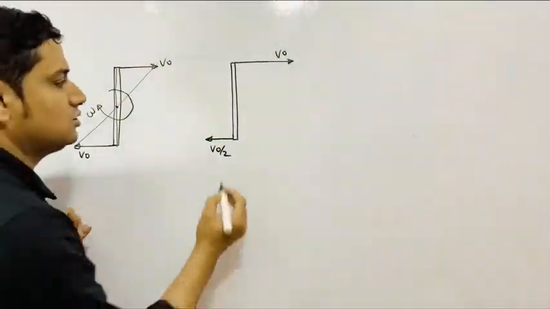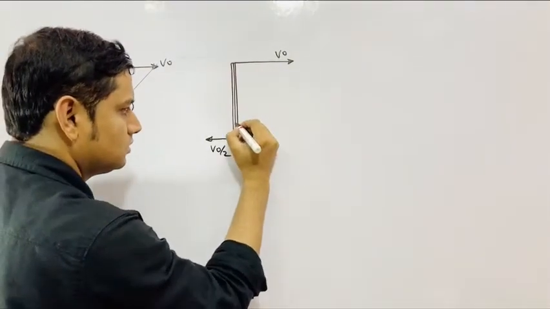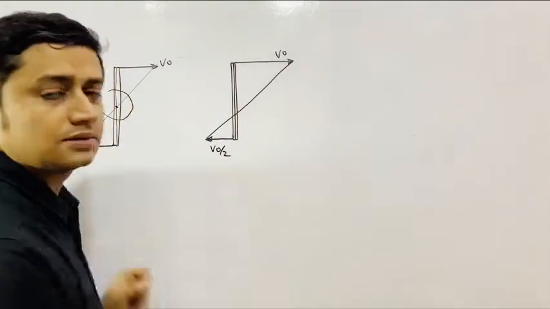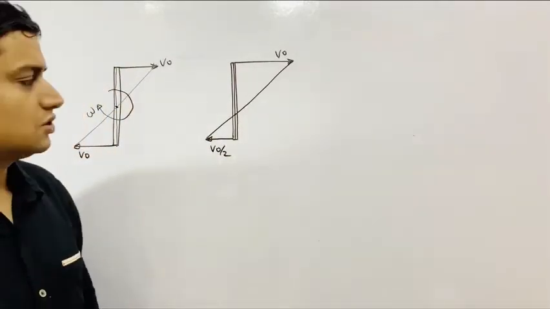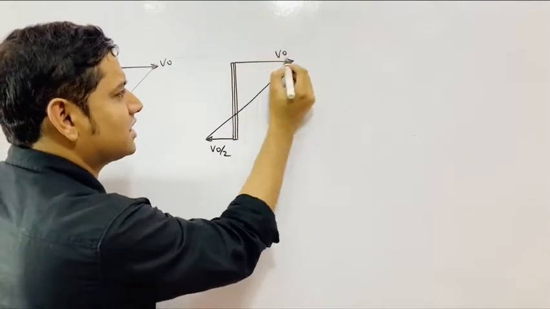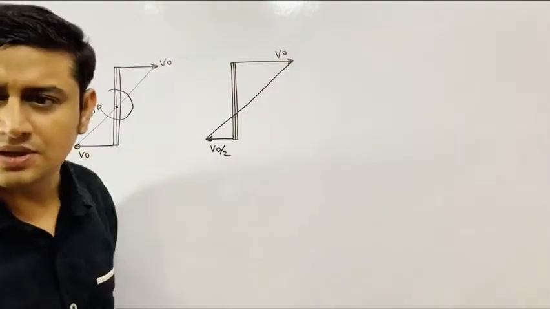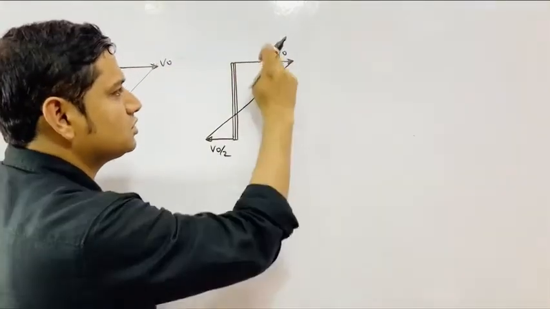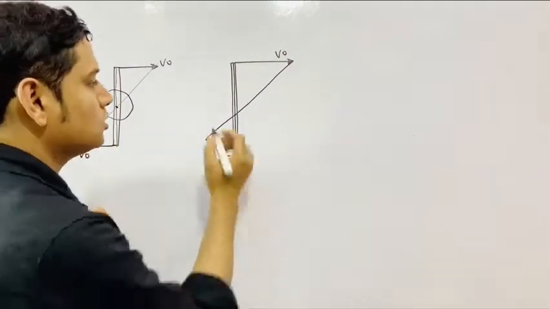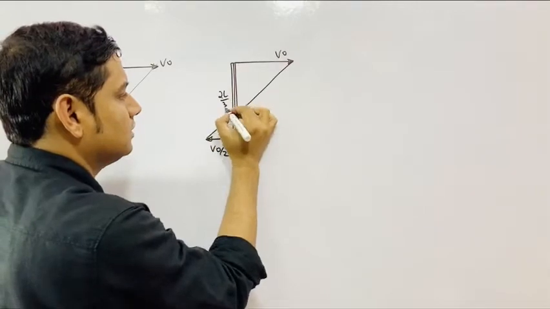I know that if I join these two tails and these two heads, they would meet here. I can calculate because this triangle and this triangle are similar triangles. So the ratio of these two is 2. So this is 2L by 3 and this is L by 3.